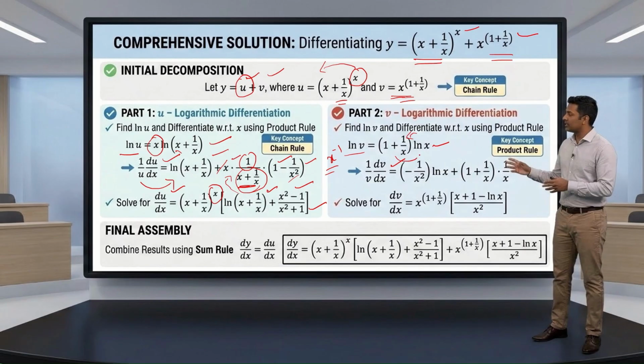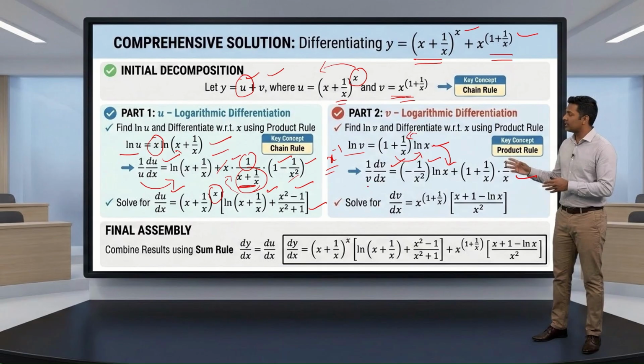Then I am using the product rule. Differentiation of the first function, 1 plus 1 by x: differentiation of 1 is 0, I am not writing it here, plus differentiation of 1 by x is minus 1 by x square. This log x as it is. Again, first function 1 plus 1 by x, and differentiation of log x is 1 by x.